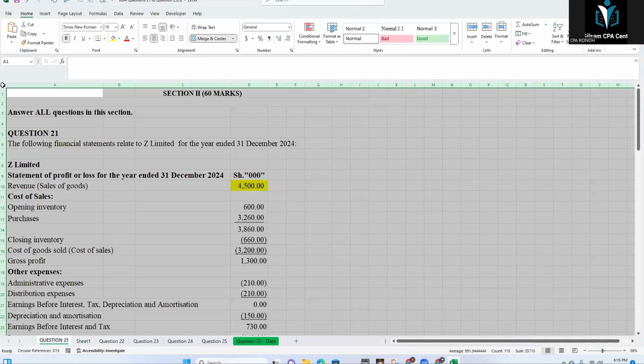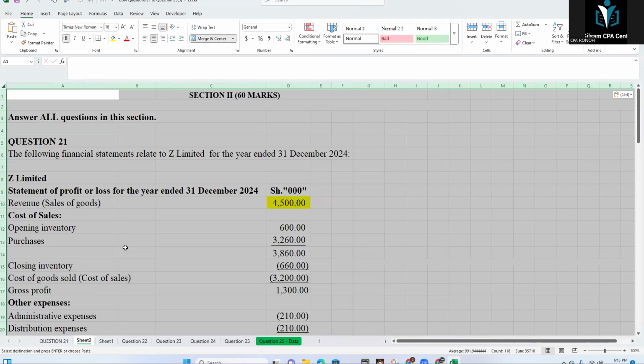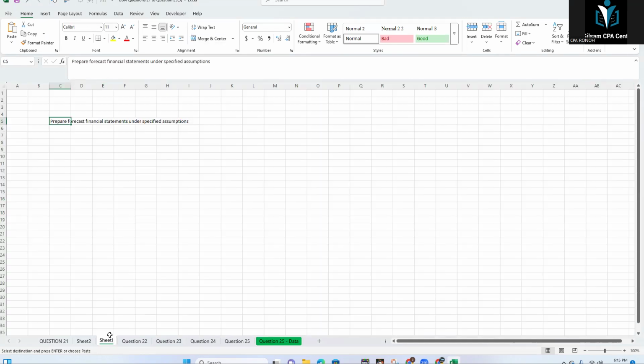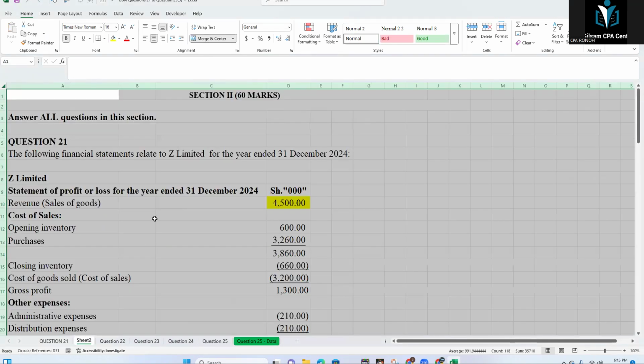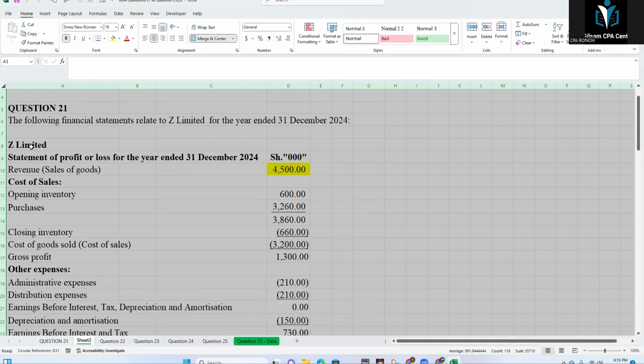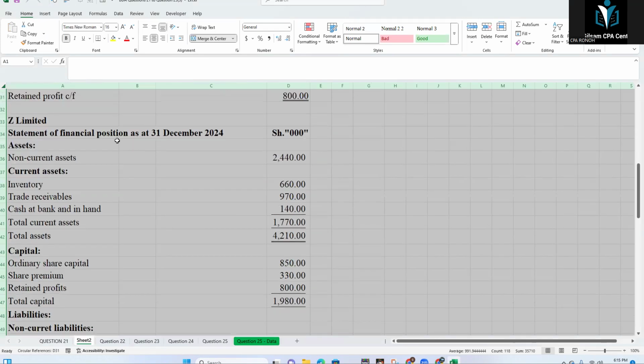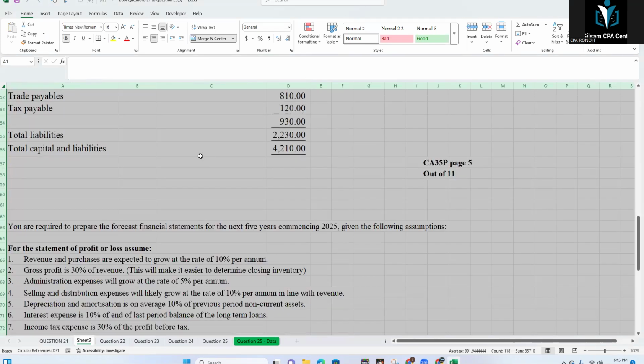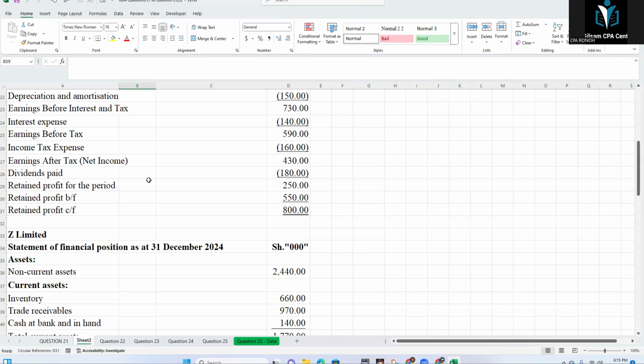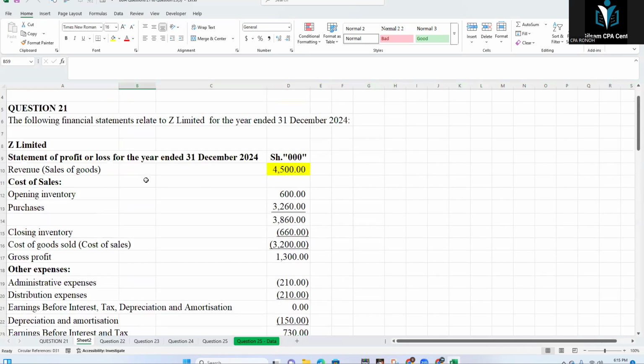I want to copy it so that I don't interfere with that question, which I'll have to use later. So this one is a Z Limited, which has the P&L and the statement of financial position, the two of them.